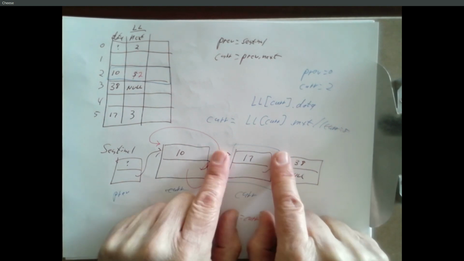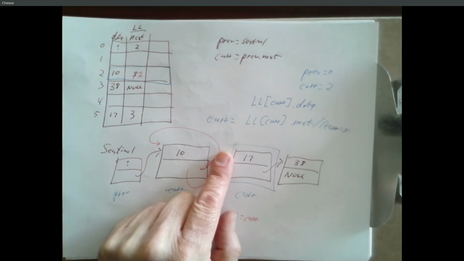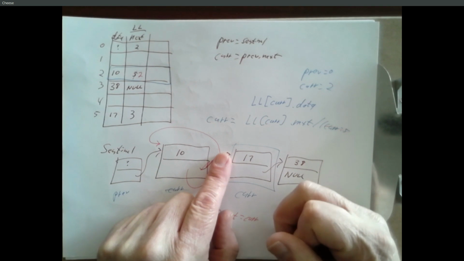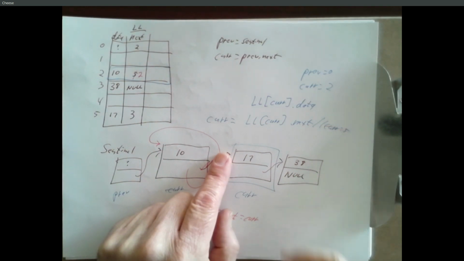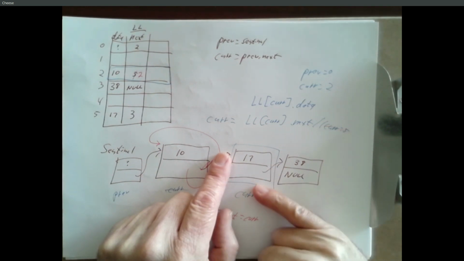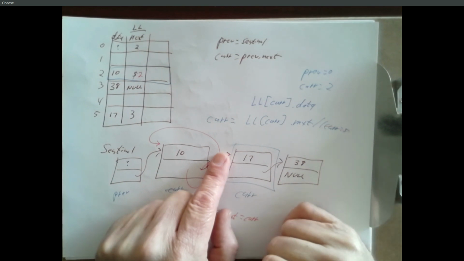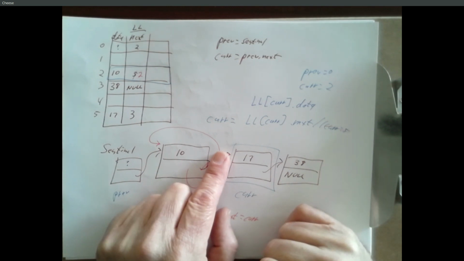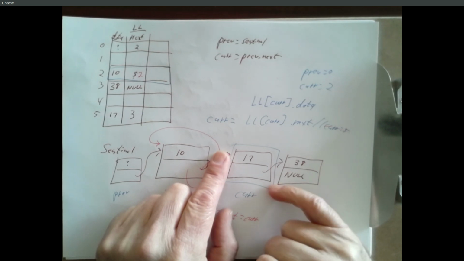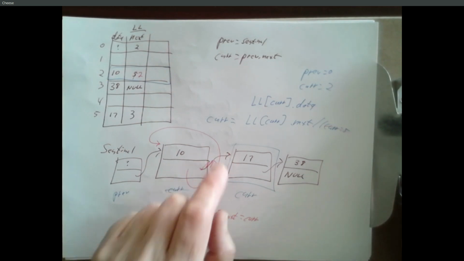So I call this a node, but in reality it's a struct node. It's a compound variable that has a data piece and a next piece, and also has a valid piece. Make sense? More sense? All right.